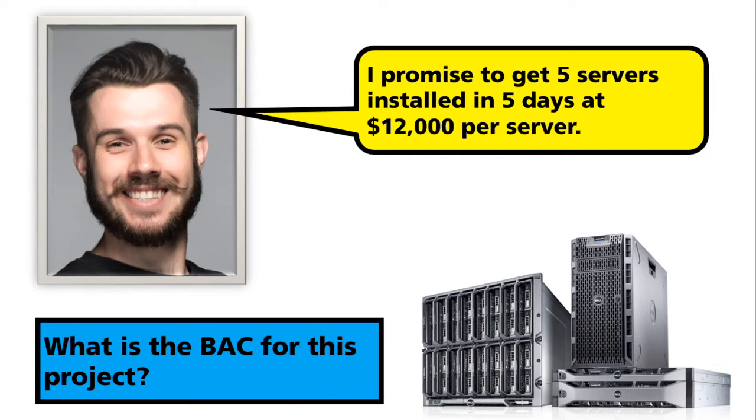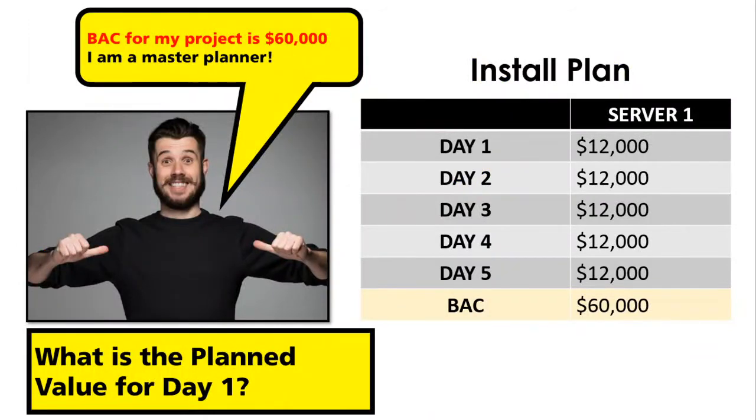And when you take this question and you put it into a chart form, you have something like this. So the budget at completion for his project is $60,000. Day 1, $12,000. That's the planned value. The same for day 2 all the way to day 5.